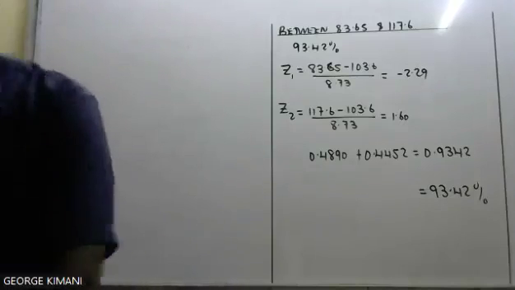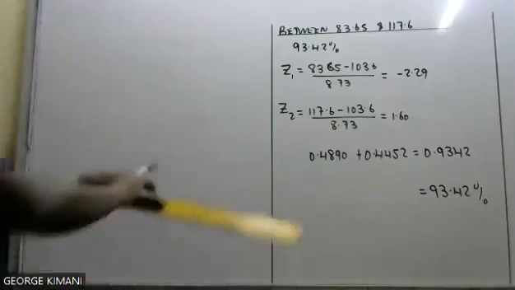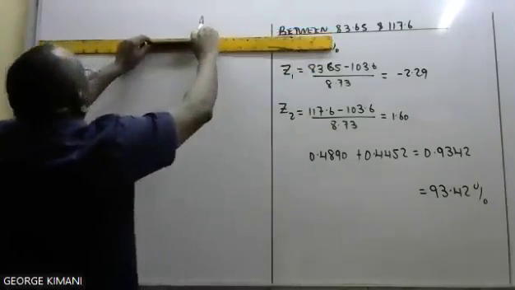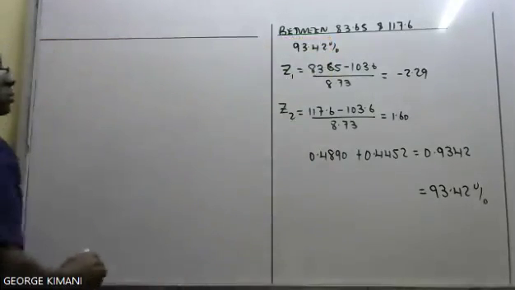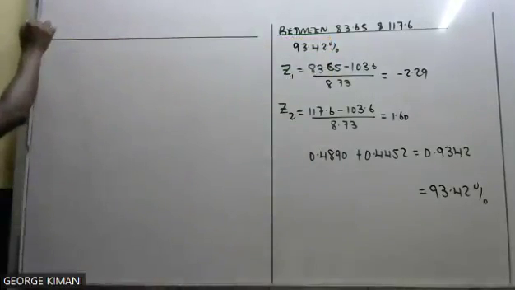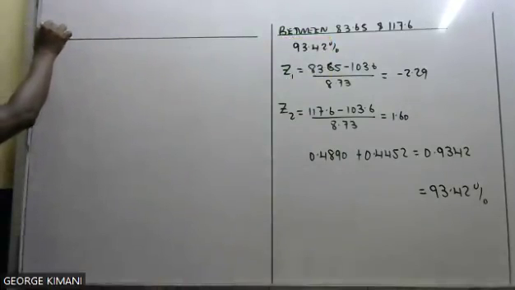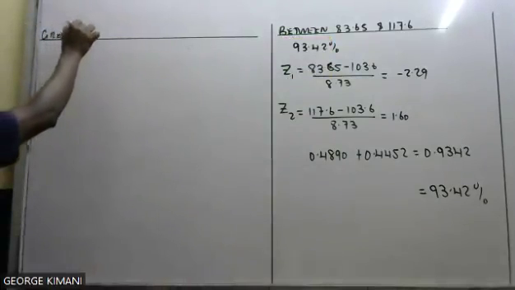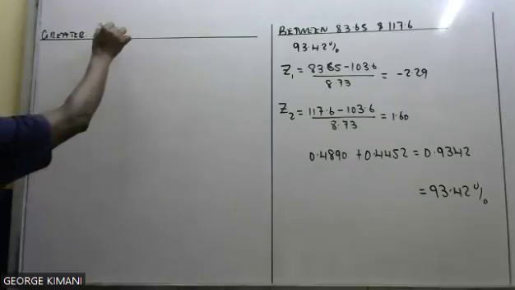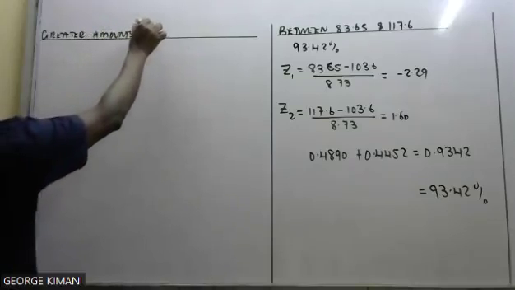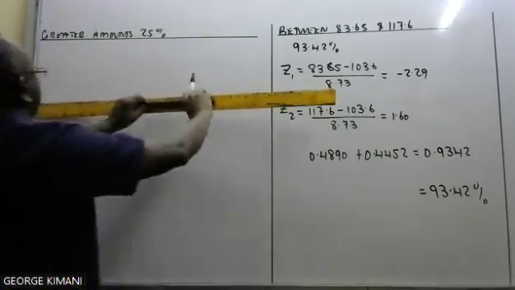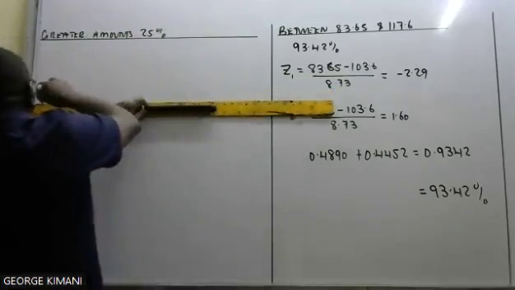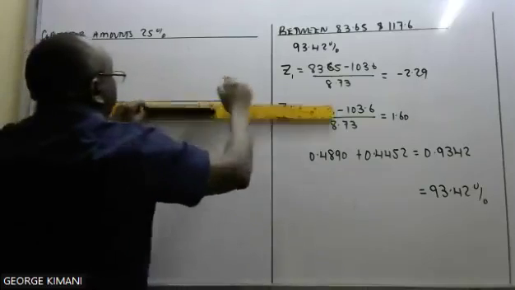So if you are looking for greater amounts, 25%, the meaning of that in terms of a table is like this.